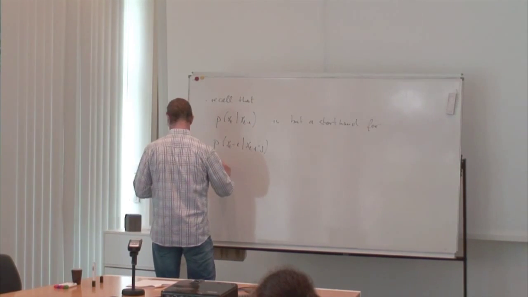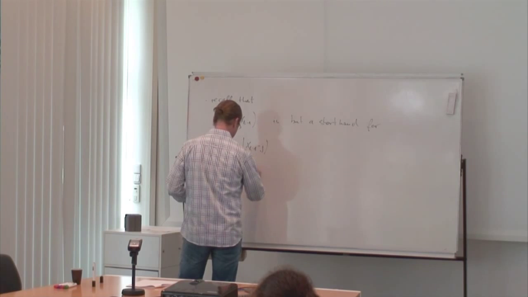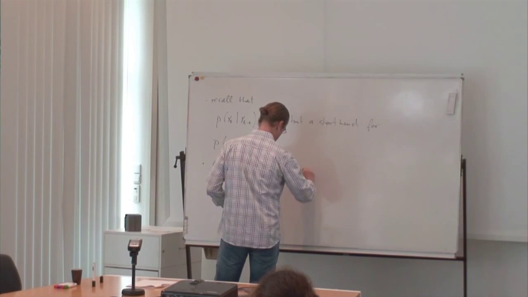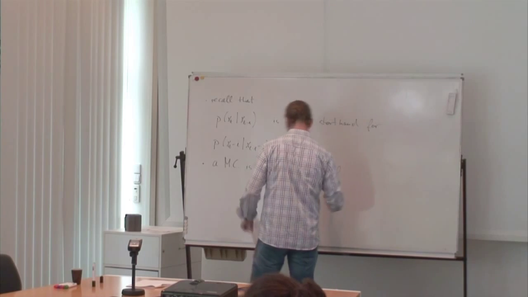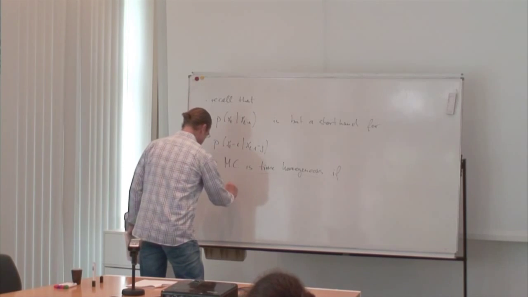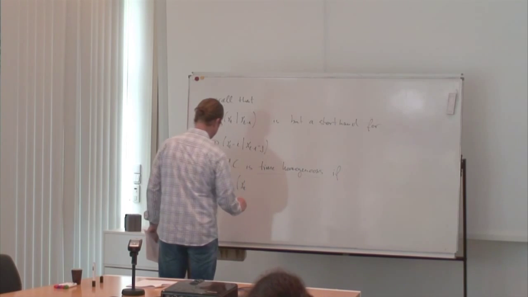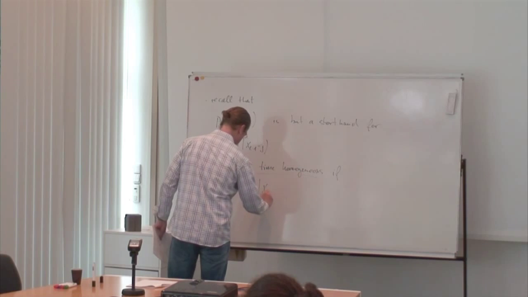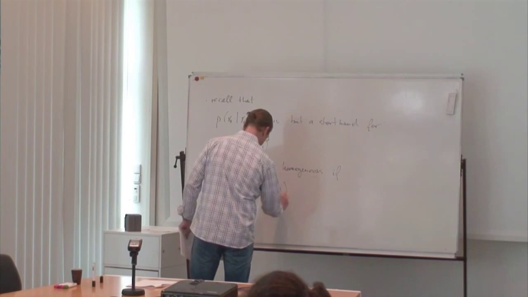A Markov chain is time homogeneous if, let's start with this expression because then we can see it more easily, the probability for the random variable xt assuming a value of i, given that the previous random variable xt minus 1 had a value of j.